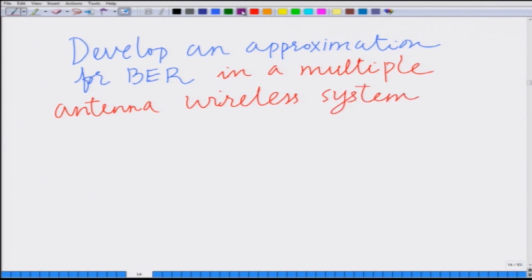So, we wish to develop an approximation for the bit error rate in a multiple antenna wireless communication system, and that approximation can proceed as follows.